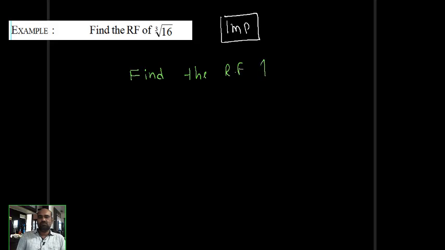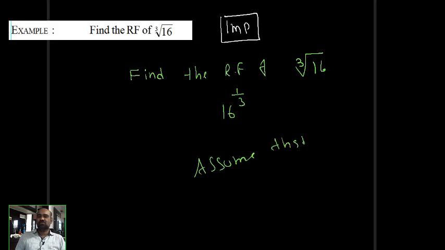So another interesting question. Find the RF of cube root of 16, that is 16 power 1 by 3. What is the assumption? Assume that 16 power x by 3 is an RF.